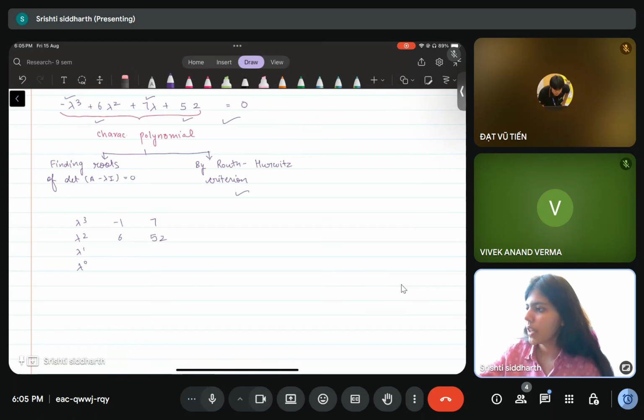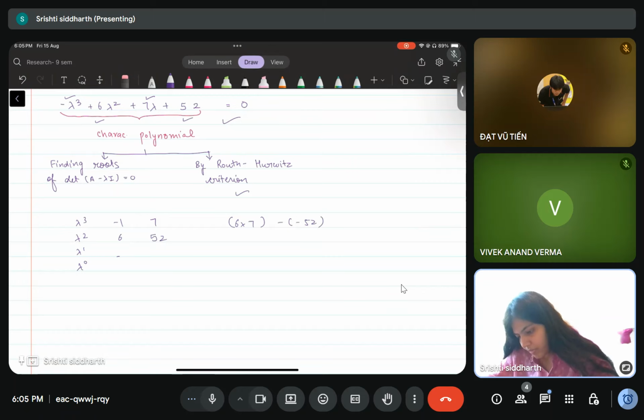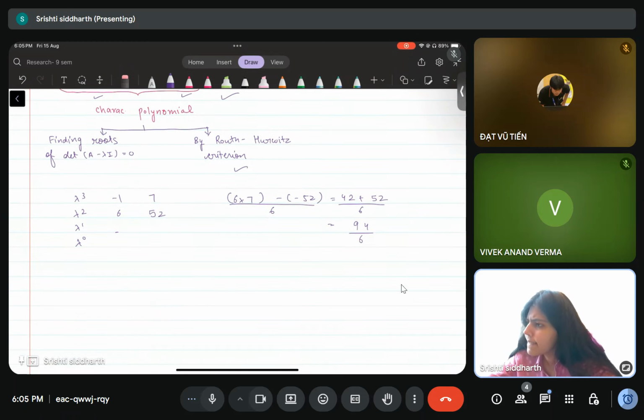Can you tell me the rest of the entries? What's this one? This is from 6 into 7, minus 52, divided by 6. So this is 42 plus 52.